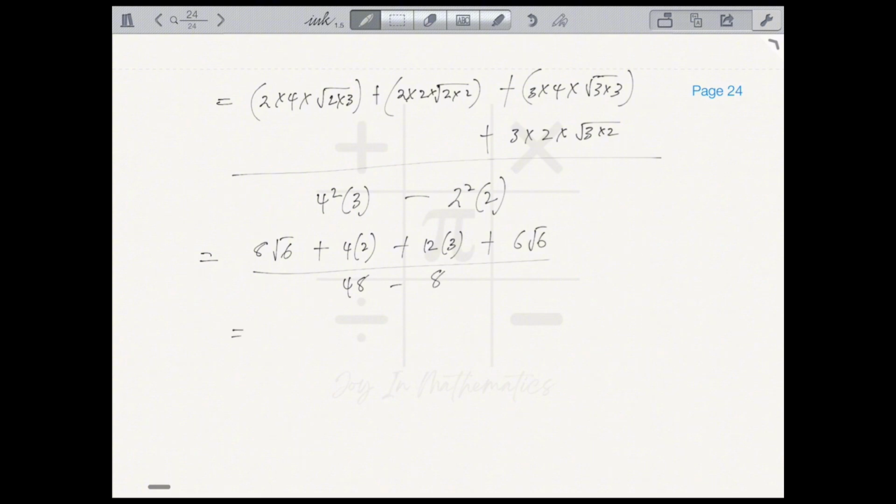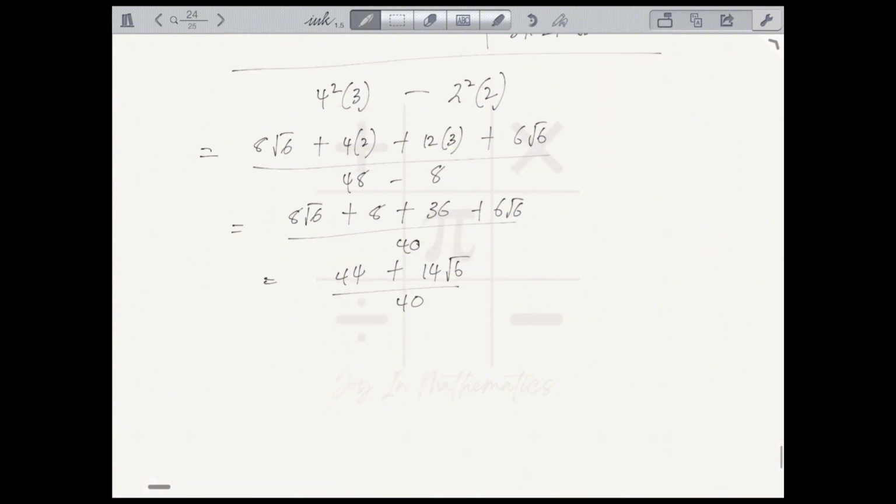So we can collect the like terms now, or let's just simplify. Plus 8 and plus 36 plus 6 root 6, all divided by 40. If we simplify now, 8 plus 36 is 44, and 8 root 6 plus 6 root 6 will be 14 root 6, divided by 40.